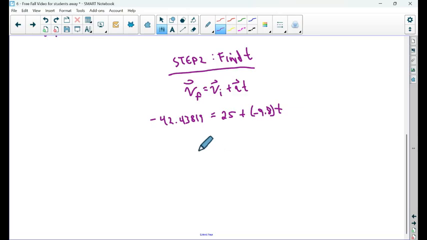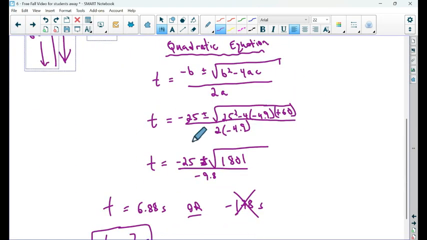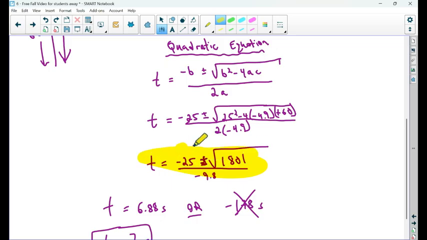If we rearrange this, we subtract 25 from both sides. We end up with negative 25 minus 42.43819 equals negative 9.8 times t. Divide both sides by 9.8, and you actually get this thing right here. So we're just calculating it 2 different ways.